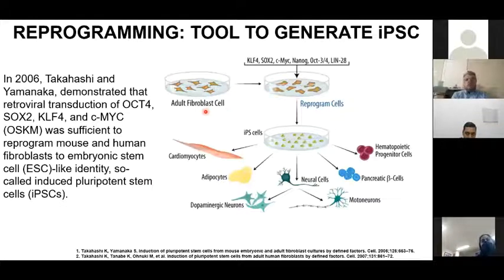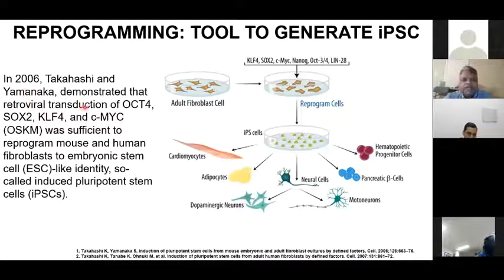This reprogramming or induced pluripotency generation was discovered by two biologists who also got the Nobel Prize for their work, Takahashi and Yamanaka.